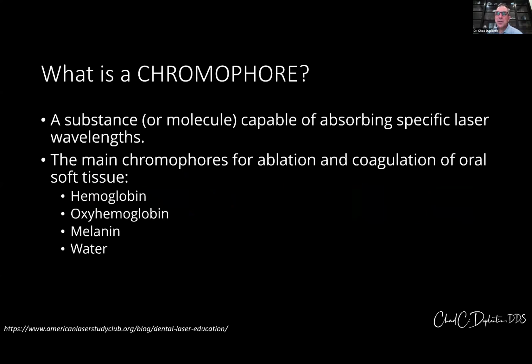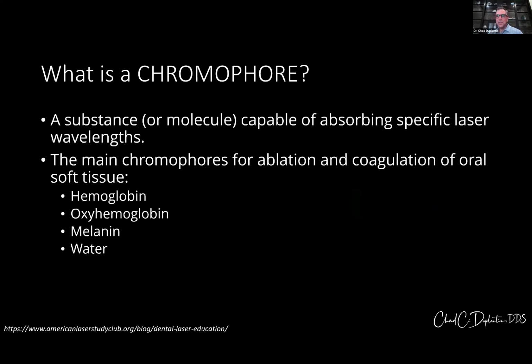In order to understand absorption, we need to understand what a chromophore is. And a chromophore is a substance or a molecule capable of absorbing specific laser wavelengths. And the main chromophores for ablation and coagulation of oral and soft tissue are oxyhemoglobin, hemoglobin, melanin, and water.